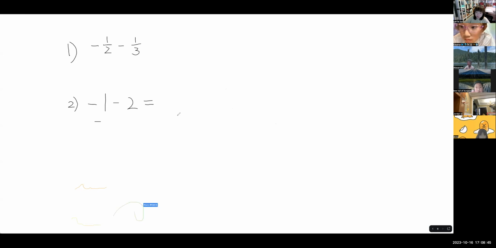Nobody is telling me, so what is -1 minus 2? 3? But 1 plus 2 also equals 3, and -1 minus 2 also equals 3? That's not right. -1 minus 2 equals what? Both of them are negative, 1 negative and 2 negative. So there are 2 negative numbers added together. So -3.